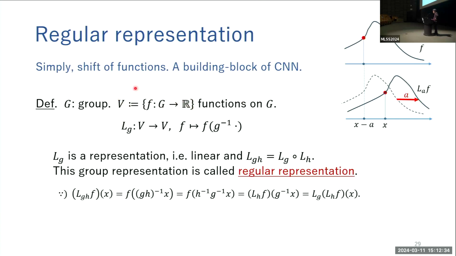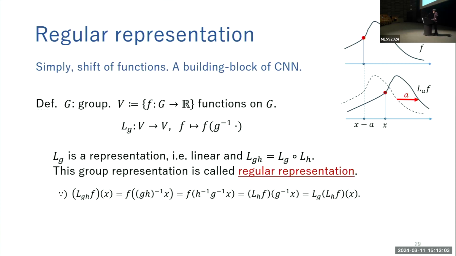This is maybe an infinite dimensional vector space if G is a continuous space. But we can consider this as a vector space because addition and scalar multiplication can be easily defined by the value of function. And we can define the group action or representation in this way.